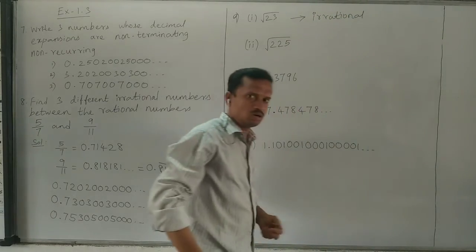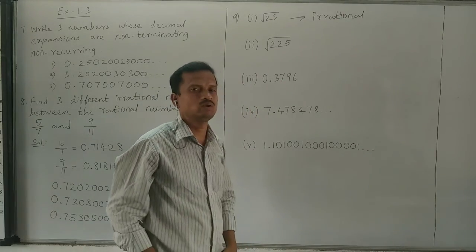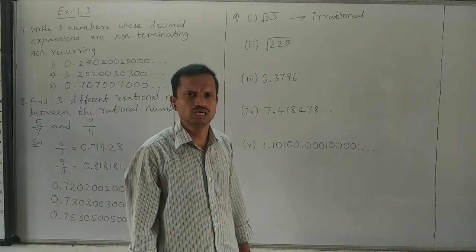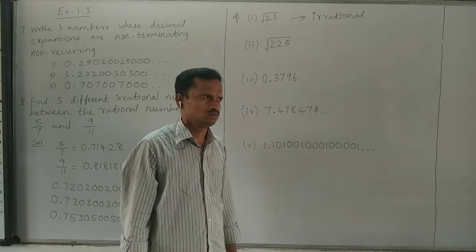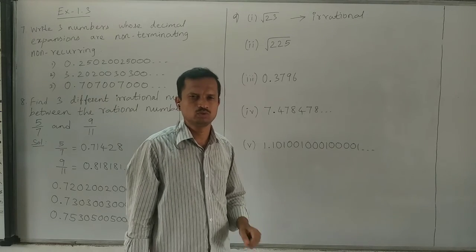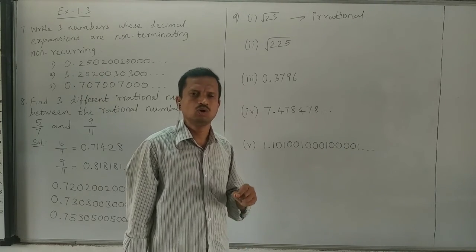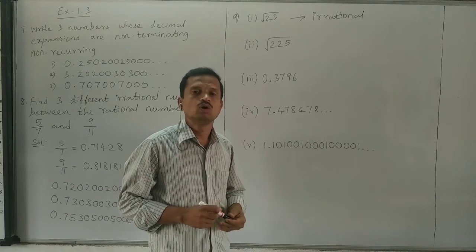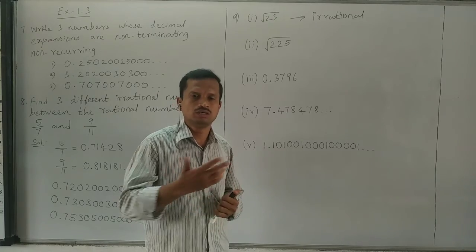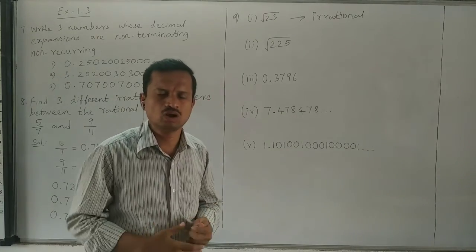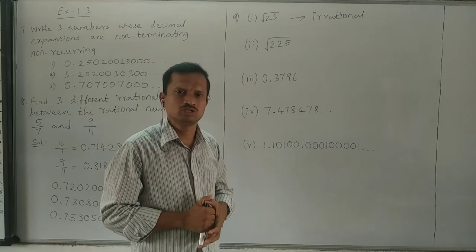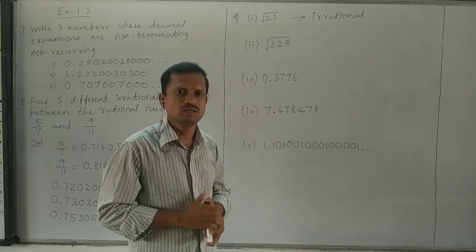And now coming to option 2, square root of 225. So 225 is a square number. Simply we have to know squares up to 20 square: 1 square, 2 square, 3 square, etc. If you know them thoroughly, then it is easy to find out whether such numbers are rational or irrational. 225 is a square number, 15 square.